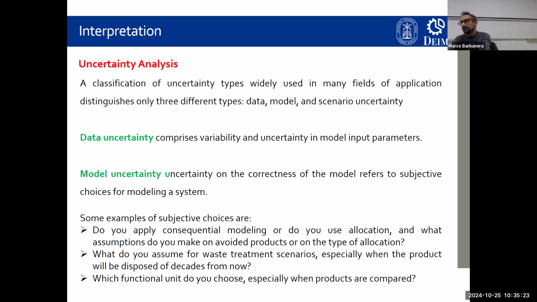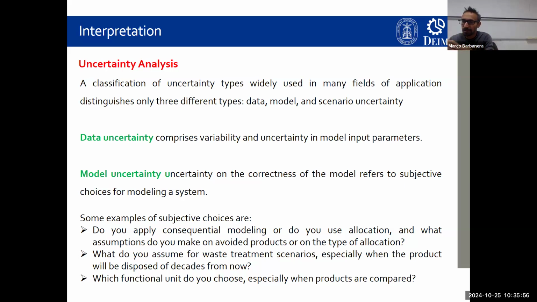But in general, the most important uncertainty when we want to communicate the quality of the environmental results obtained from our study, the main class of uncertainty is the data uncertainty.